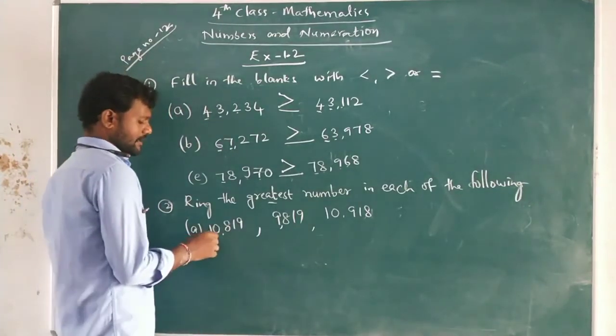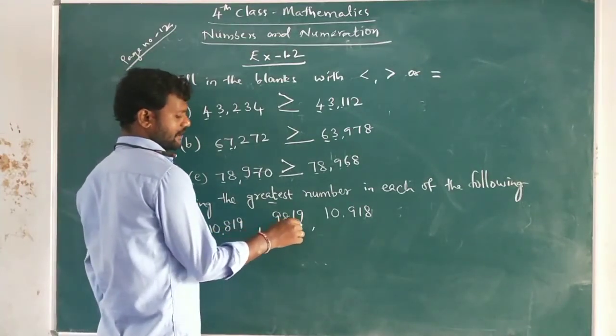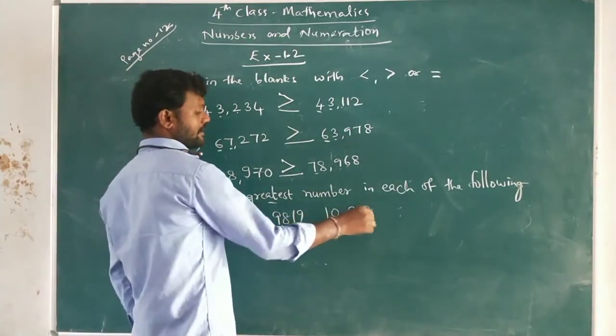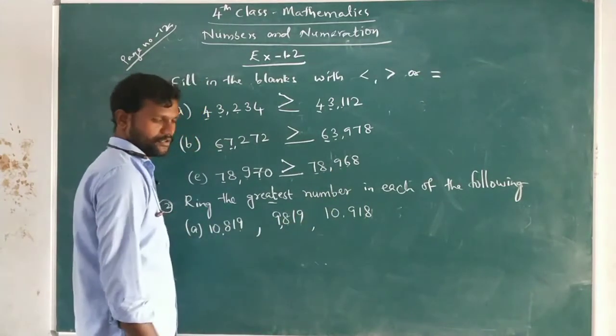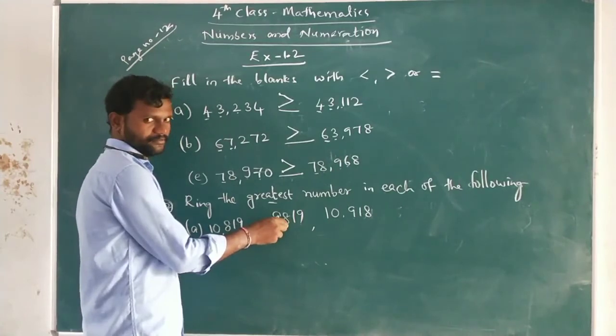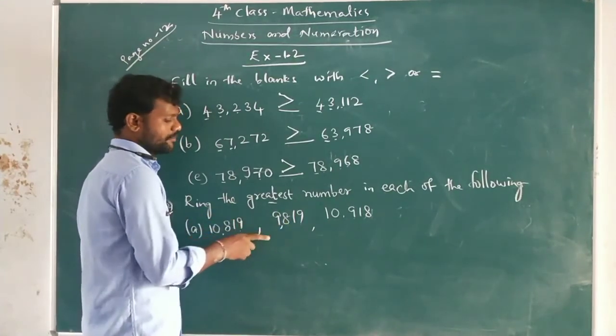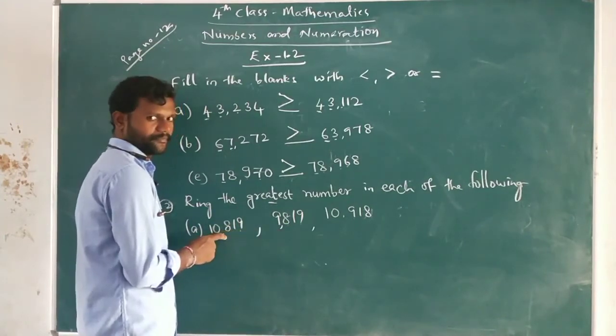Read them. 10,819, 9,819, 10,918. So it is 10,000 and this is 9,000. Which is larger? 10,000 is larger. In these two numbers, which is larger? 10,000.